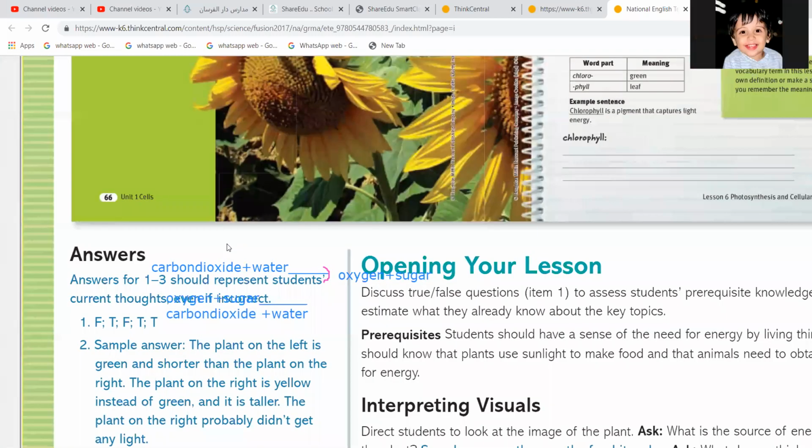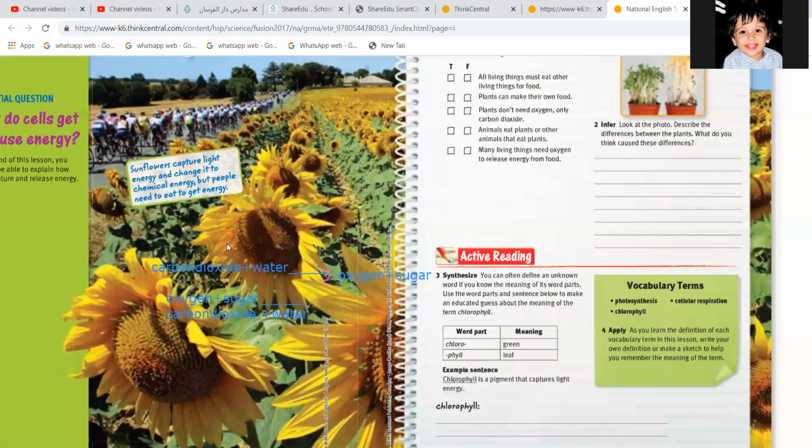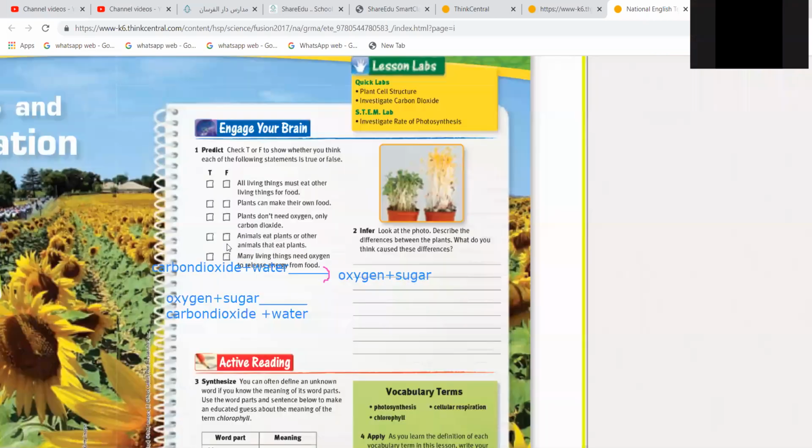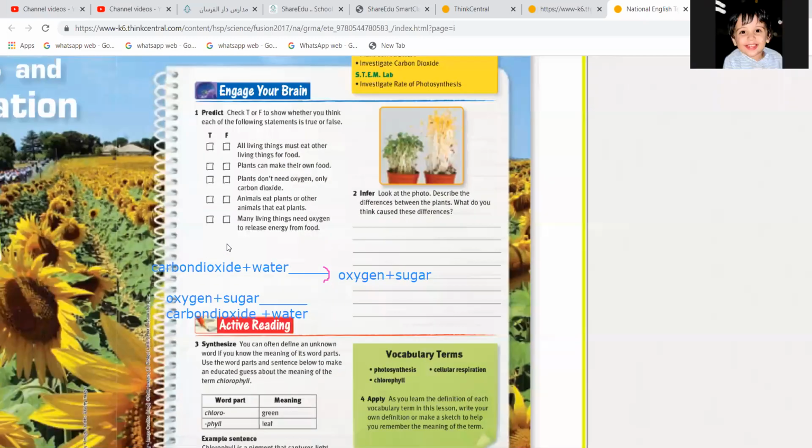Some of them, yes. Some animals eat plants. Now, girls, listen to me. For this third one, plants don't need oxygen, only carbon dioxide, please put false, because I am sure it needs air. If you don't keep it in the air, it will die.